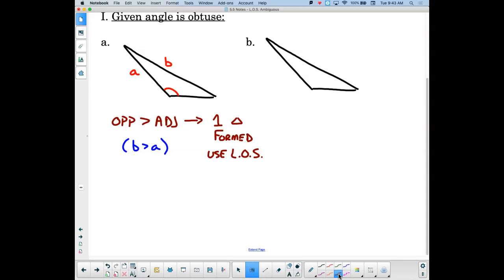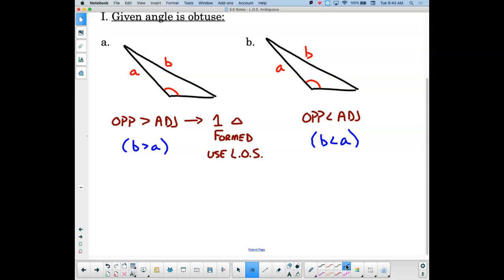If I flip that around and I say that the opposite side B is shorter now than my adjacent side, it ends up looking the same. Of course it does.